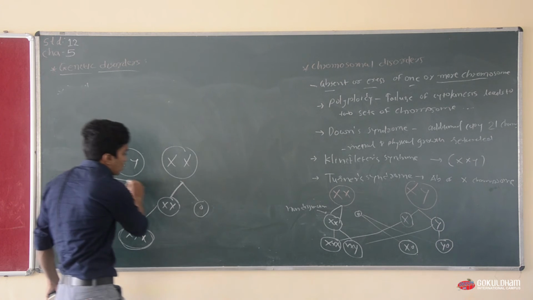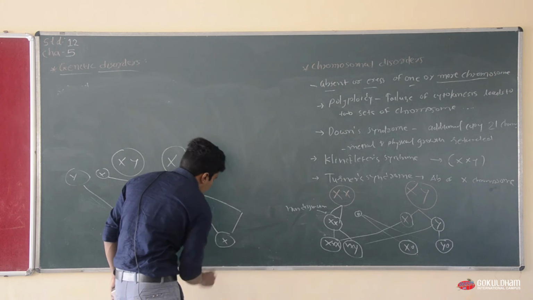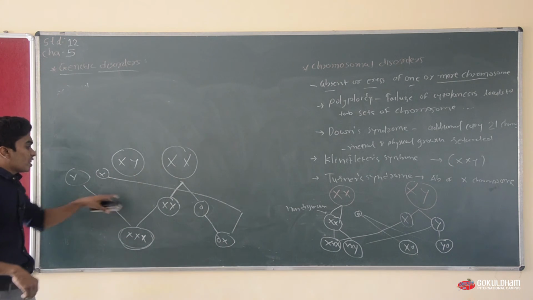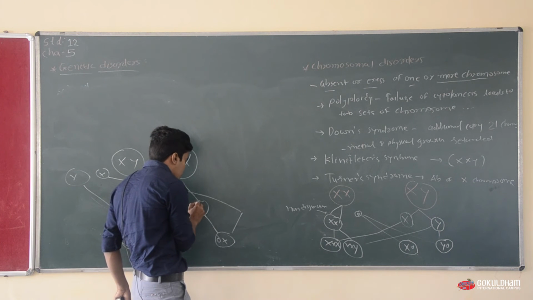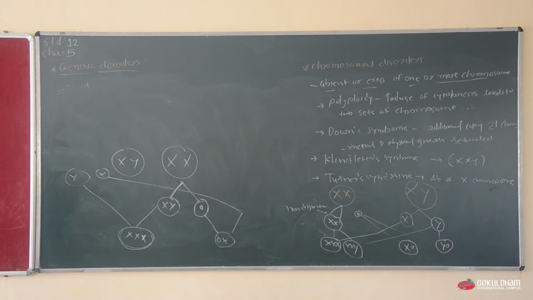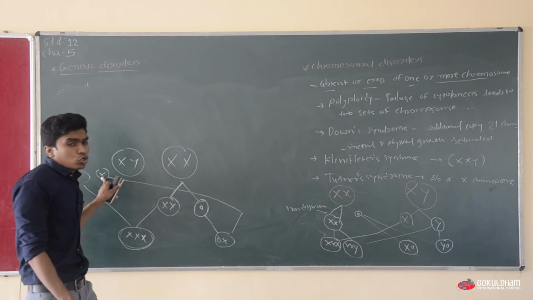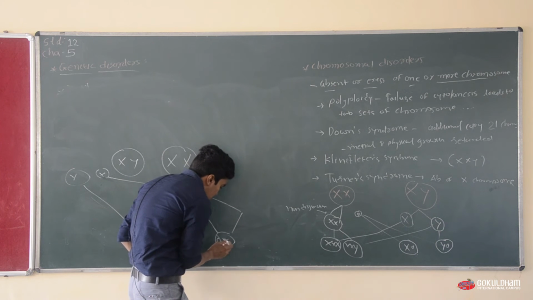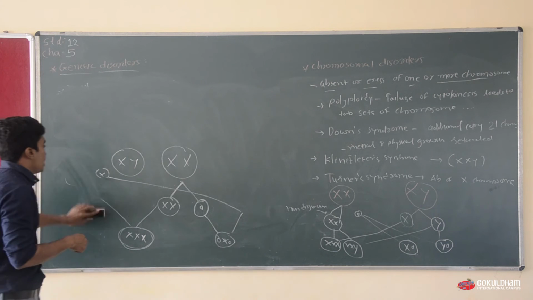When this gamete having zero chromosomes of the 23rd pair of chromosomes binds with the X chromosome of male, it will produce X0 chromosomes, known as Turner syndrome. Okay, so let us see in detail.